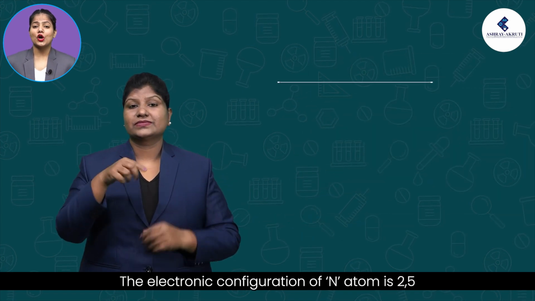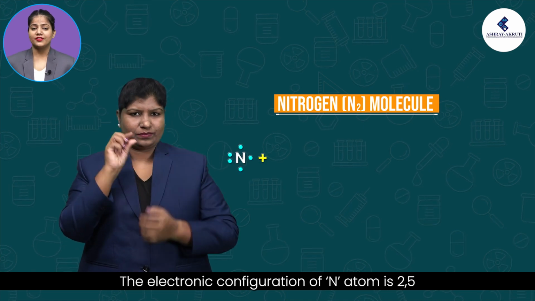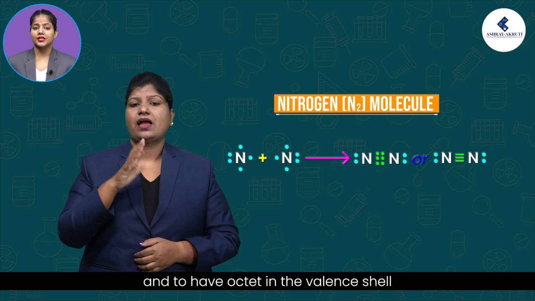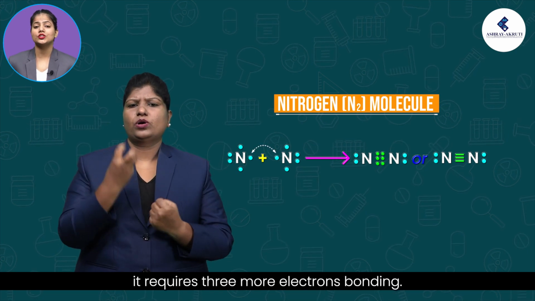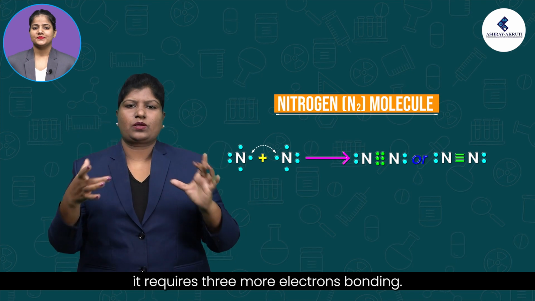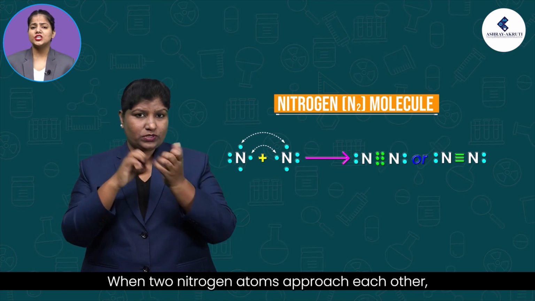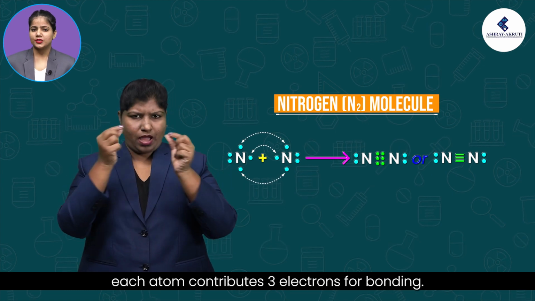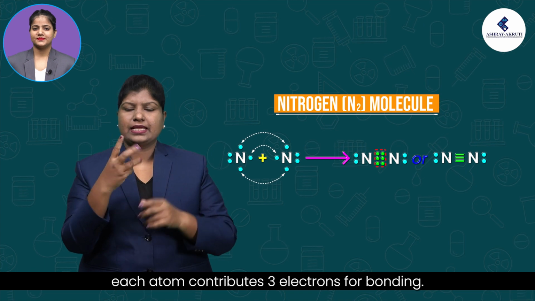The electronic configuration of a nitrogen atom is 2,5, and to have octet in the valence shell, it requires 3 more electrons for bonding. When two nitrogen atoms approach each other, each atom contributes 3 electrons for bonding.